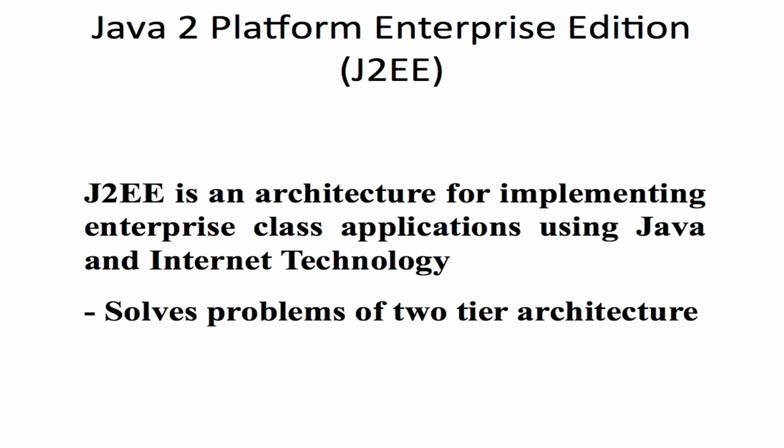So in J2SE we focus on core Java programming, while in the Enterprise Edition, J2EE, we introduce the internet with Java. When internet technology is used with Java, it is called J2EE. Simply we can say it is Java 2 Enterprise Edition.